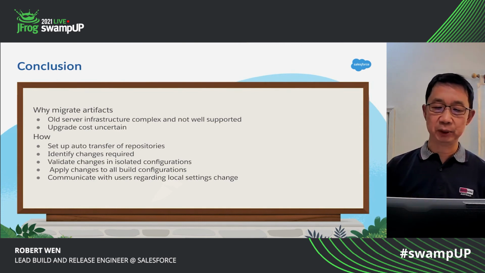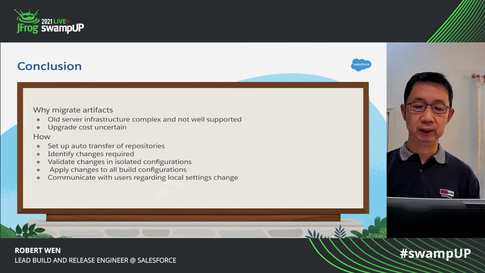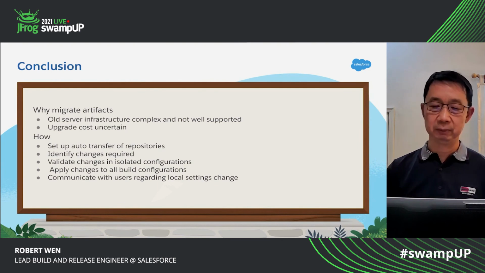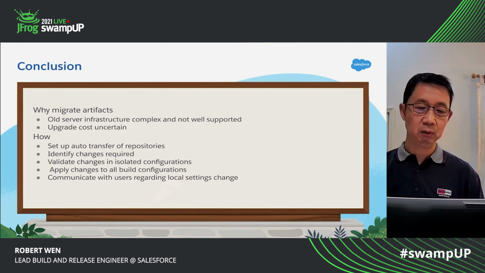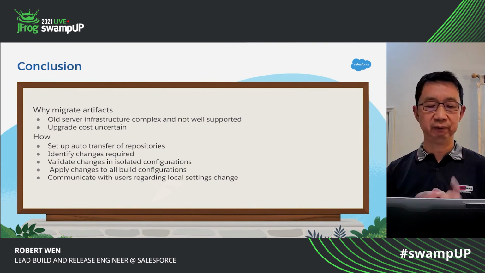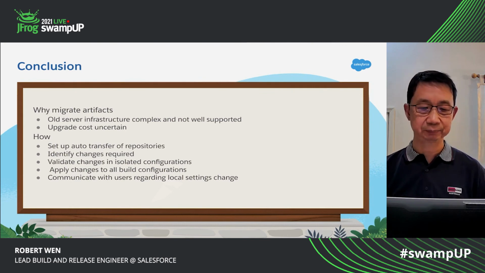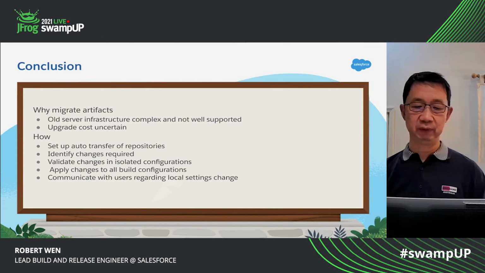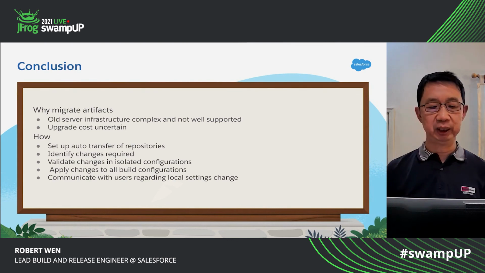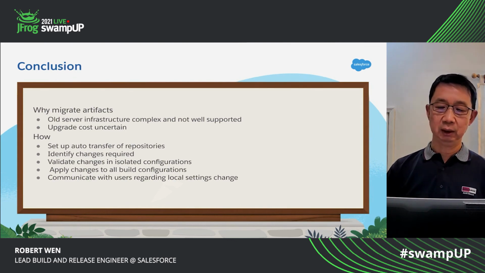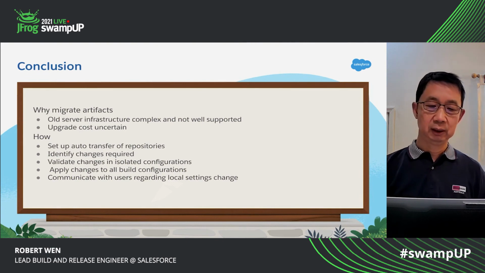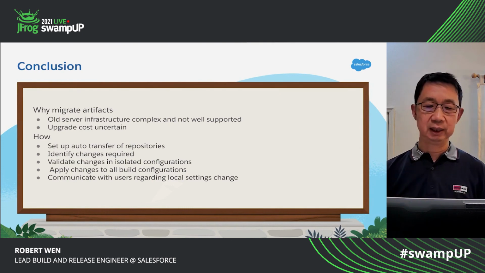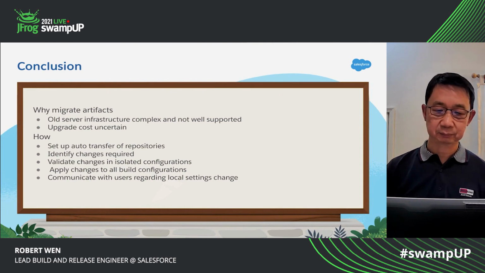Again, this step is critical because you obviously do not want to interrupt any ongoing build or test activity while we try to validate all the changes required. Once validation is done, we apply the changes to all build configurations, then communicate with users regarding local setting changes, and continue to provide support as needed.